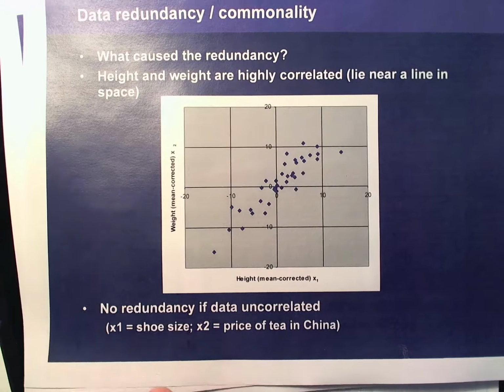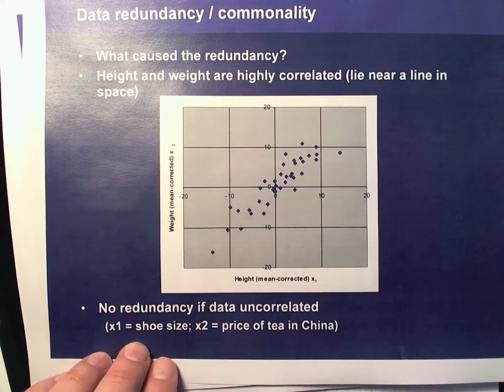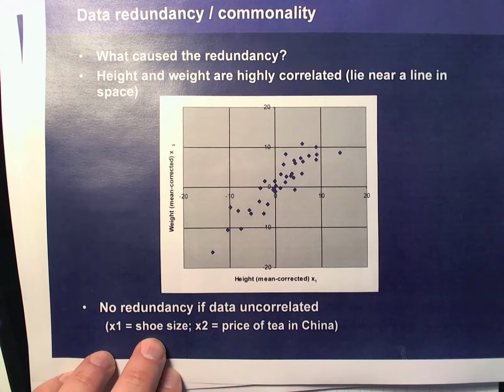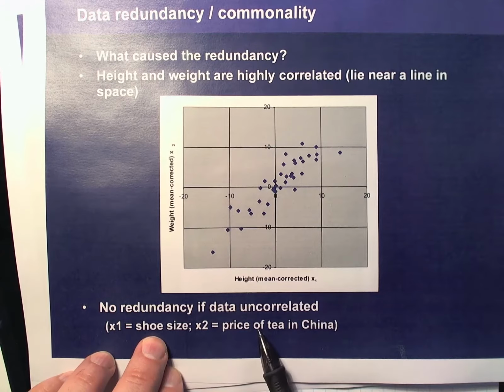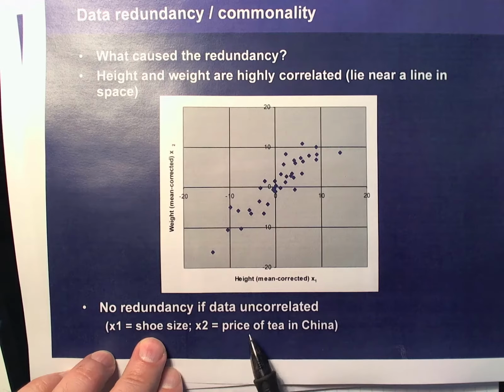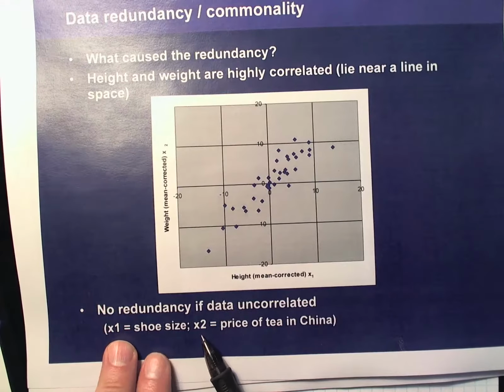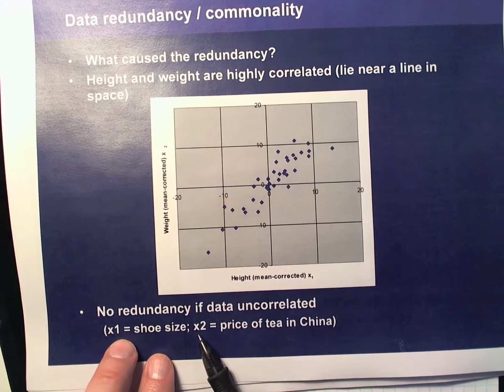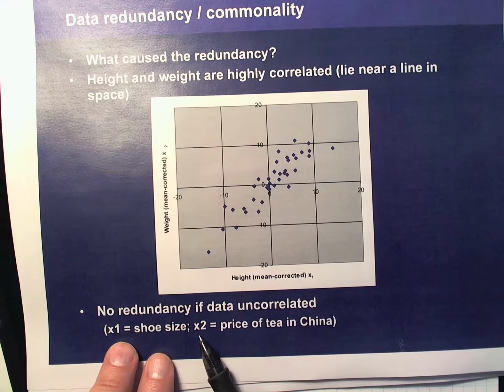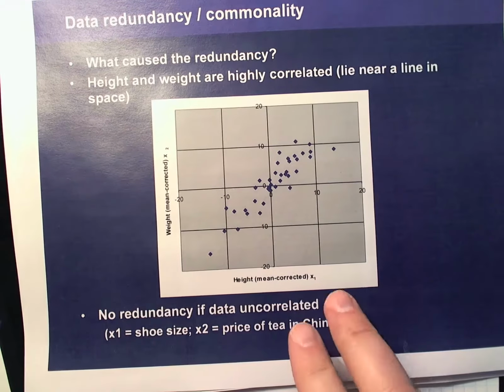Well, obviously, one has absolutely nothing to do with the other. If I choose a random person and their shoe size, it tells me nothing about the price of tea in China. And so if I want to know these two numbers, you simply have to tell them both to me. I can't guess one from the other. There's no redundancy, and therefore I can't compress in any way at all.